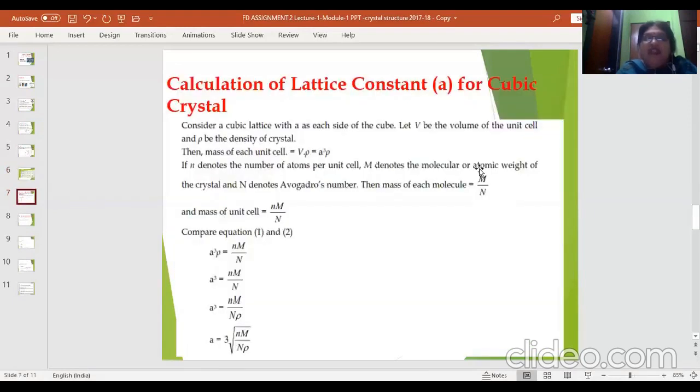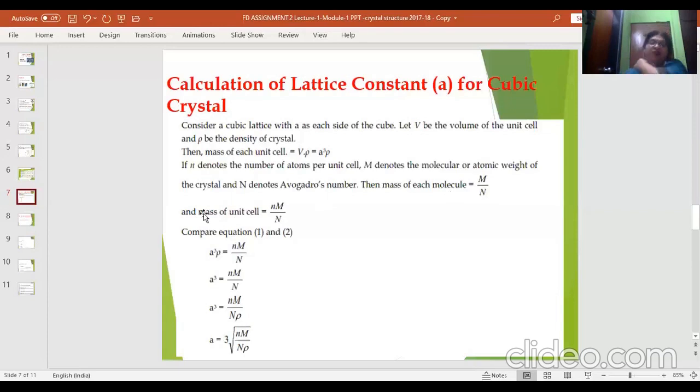Capital M denotes molecular or atomic weight of the crystal, and capital N denotes Avogadro's number. Then the mass of each molecule, for which we did a lot of calculation in 12th standard, is given as M by N. But this is each molecule, and how many atoms are there per unit cell?